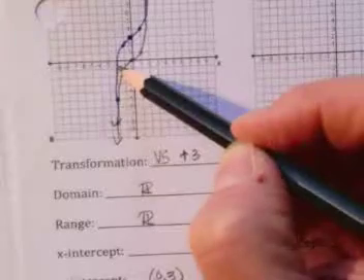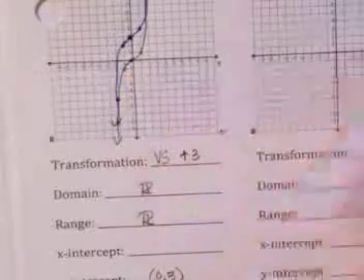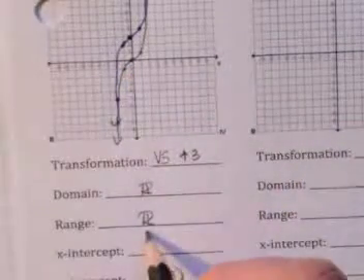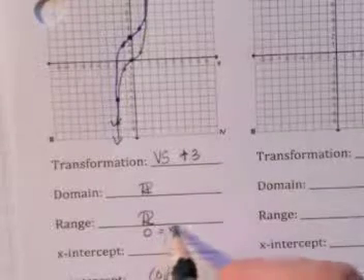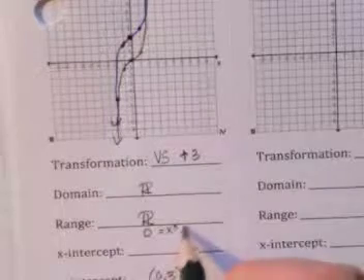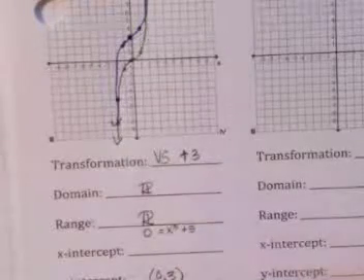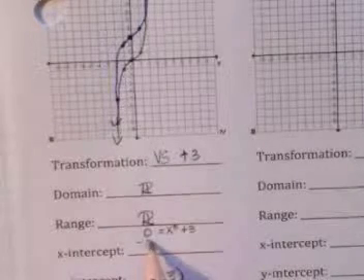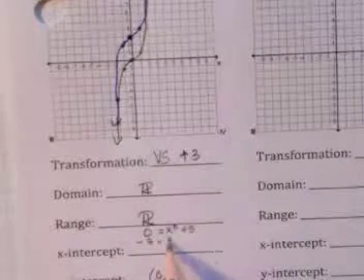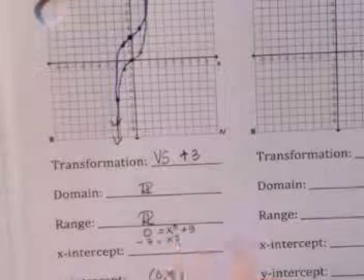So we have a little rule that says in order to find the x-intercept, we would plug in 0 for y. So this would be 0 is equal to x to the third plus 3. I would subtract 3 from both sides and get negative 3 equals x to the third.